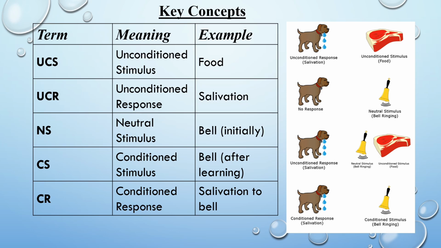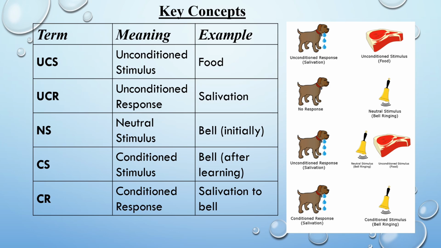Neutral stimulus, like the bell, initially has no effect. When the bell is paired repeatedly with food, it becomes a conditioned stimulus or CS. Finally, the dog's salivation to the bell becomes a conditioned response or CR.